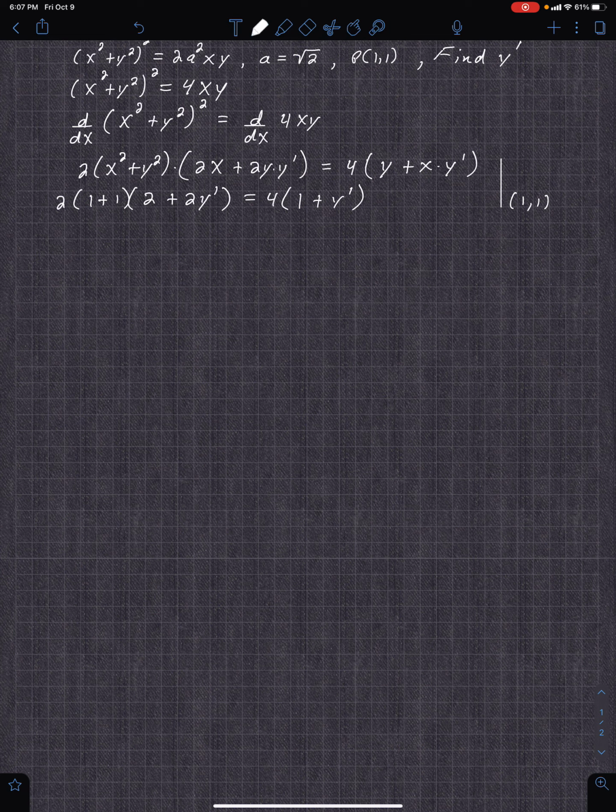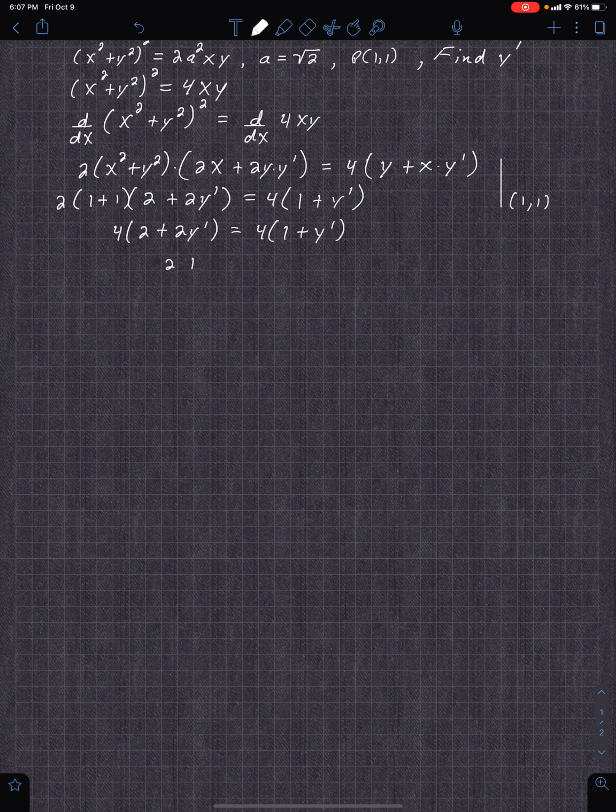So this is going to be 4 times 2 plus 2y prime equal to 4 times 1 plus y prime, and then we're just solving that for y prime. Now you can divide out by 4 to make this simple.